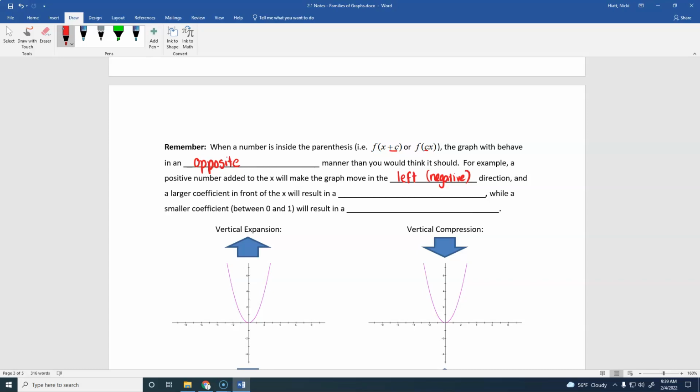Also, a larger coefficient in front of the x will result in a horizontal compression, and a smaller coefficient between 0 and 1 is a horizontal expansion.